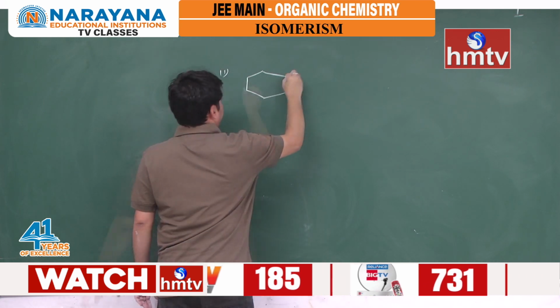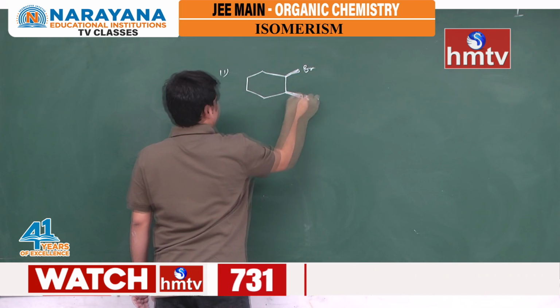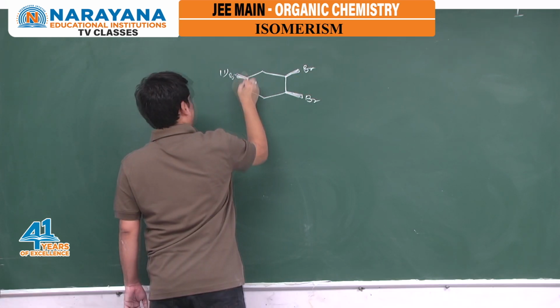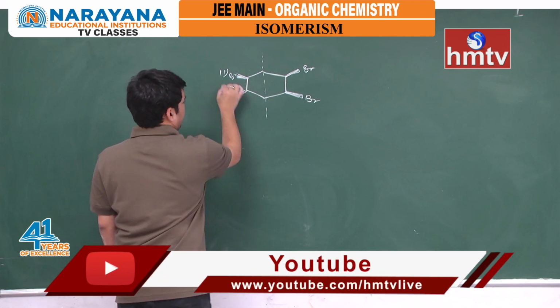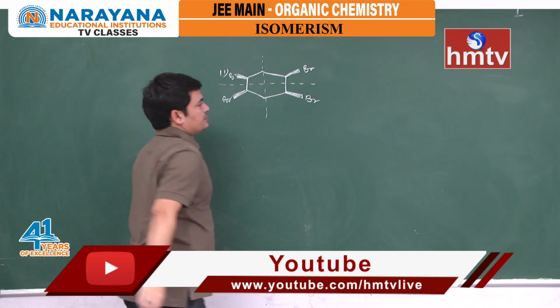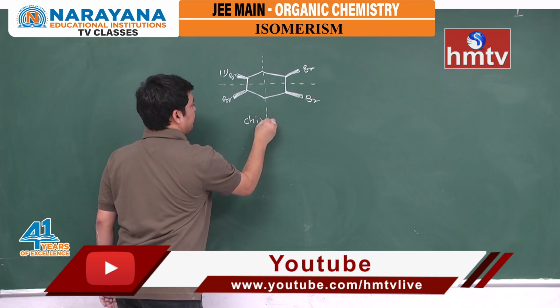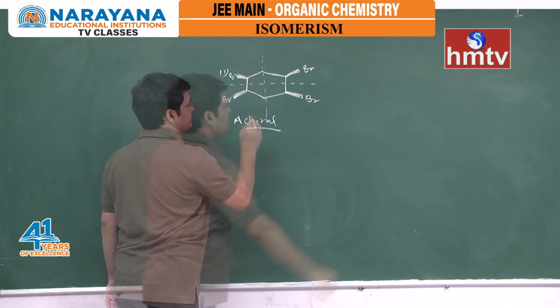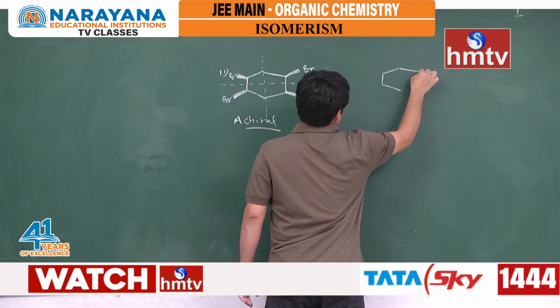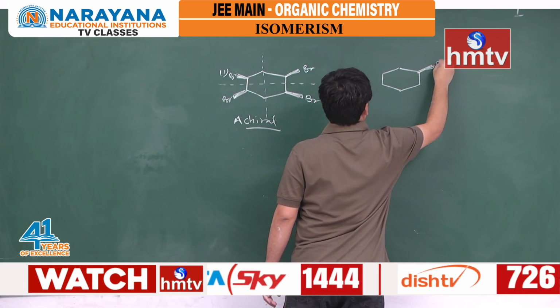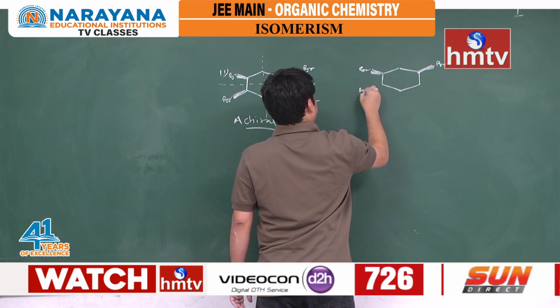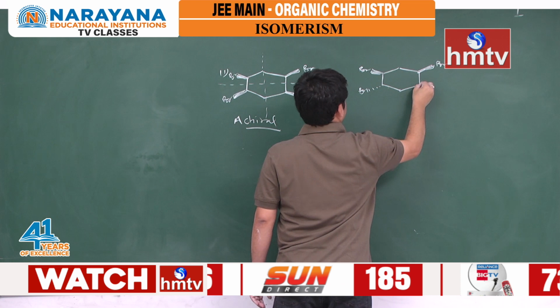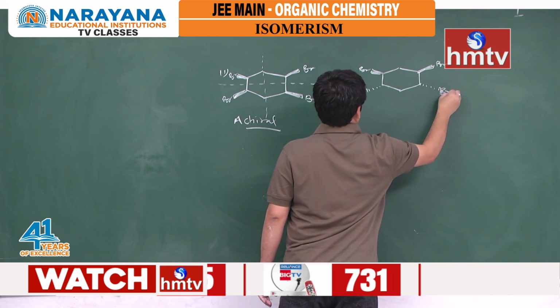Suppose here we have Br wedge, wedge, wedge and wedge. Plane of symmetry 1, plane of symmetry 2. It means this compound is anyway achiral. Next example, here we have one Br wedge, this Br wedge, here Br dash, here Br dash.